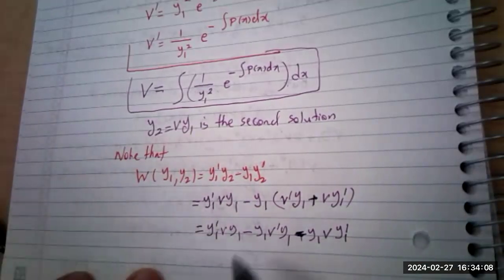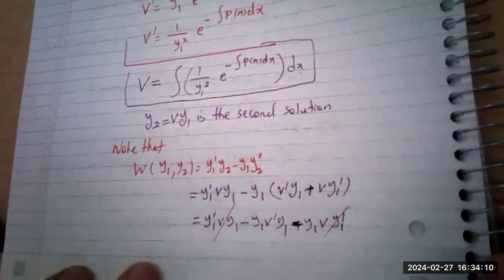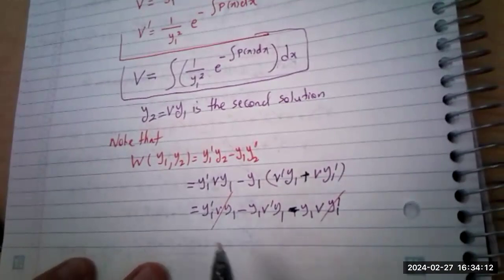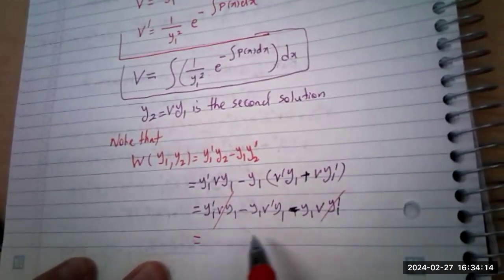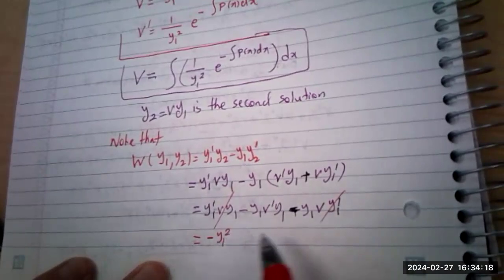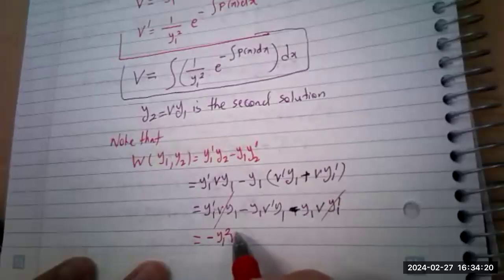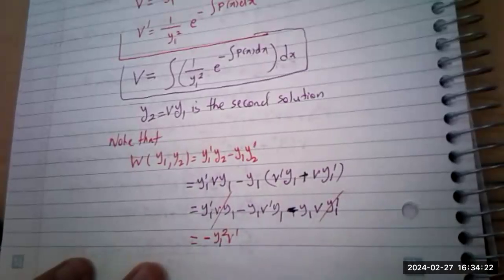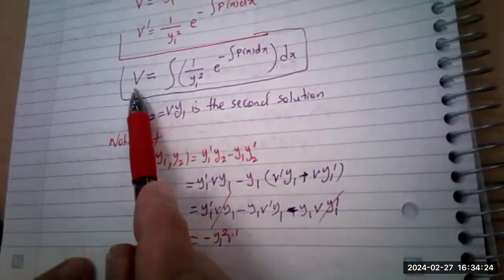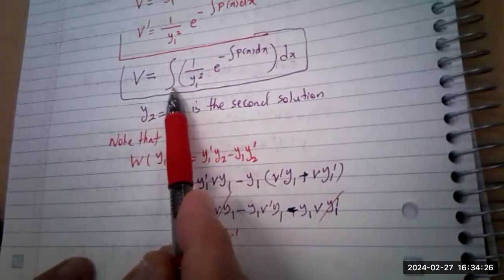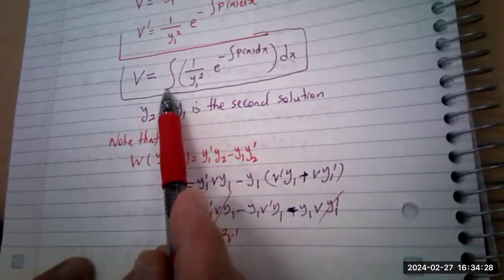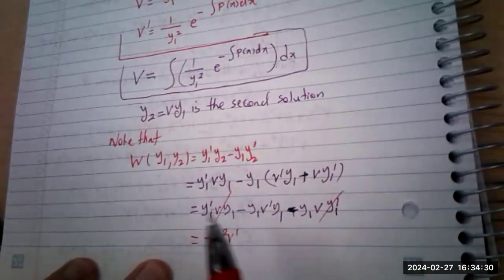So these two would cancel out. The middle one would be negative y1 squared times the v prime, okay? Now what's going to be the v prime? See, this is it. For the v prime, you drop the integral, because the derivative of the antiderivative would be just a function.